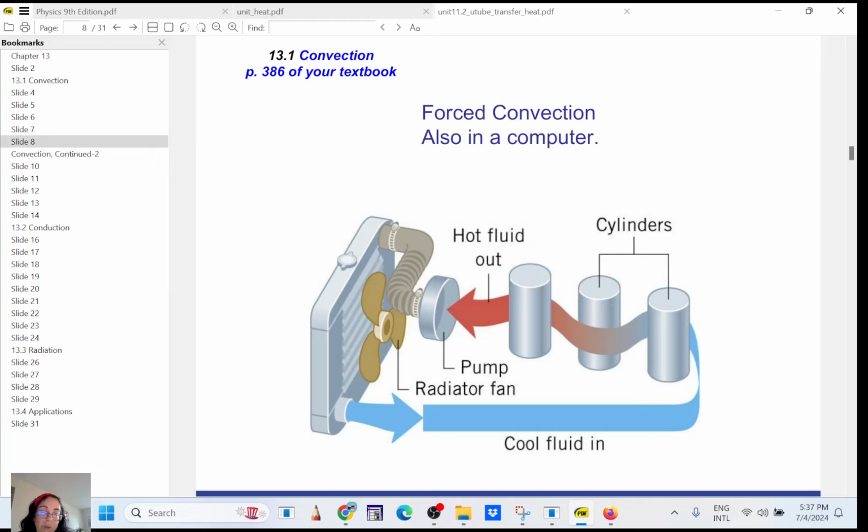So you need to use some mechanical energy. So in that case, you have a fan. Okay, so the fan will spin, pushing the air in this direction. So here you're going to have high pressure and low pressure. So you are forcing the cool air to flow from high pressure to low pressure. So you are making those convection cells.